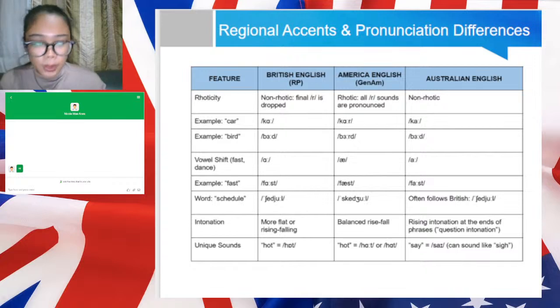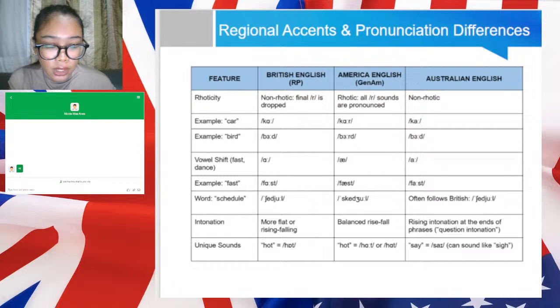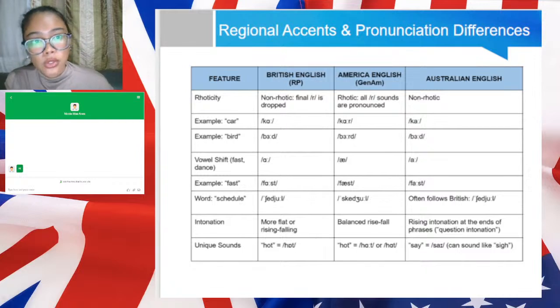Well, it's very simple. With vowel shift, we'll just look at how the vowel sounds in these particular regional accents are usually pronounced. We focus on the vowels, of course, because as the name implies, vowel shift looks into the vowel sounds of a particular word, depending on the regional accent.